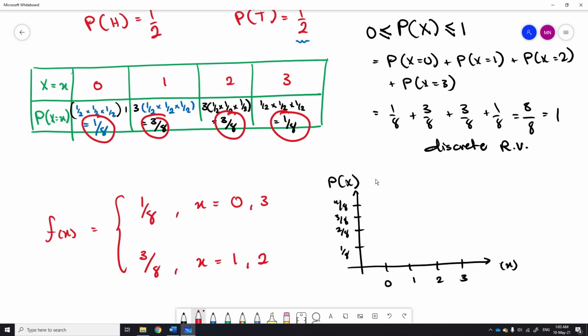For 0 it is equal to 1 over 8, 1 is 3 over 8, 2 also 3 over 8, and 3 is 1 over 8. So this is the answer.